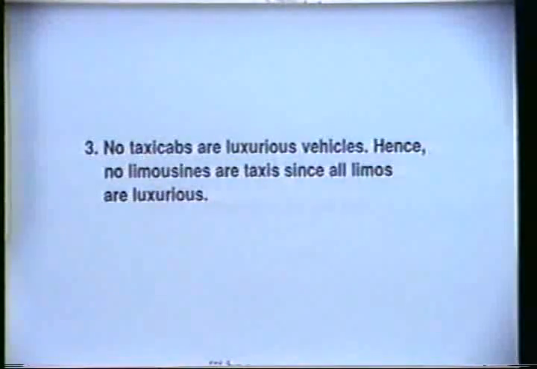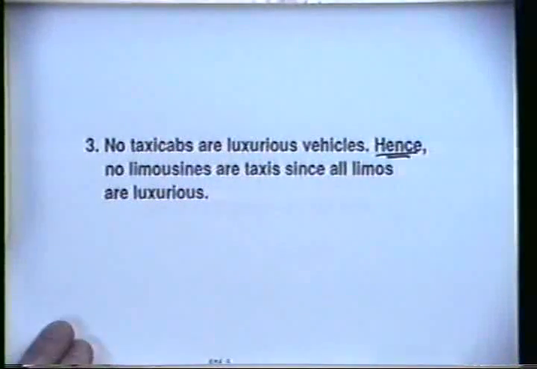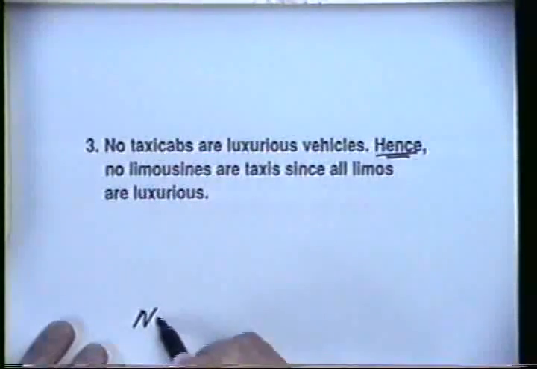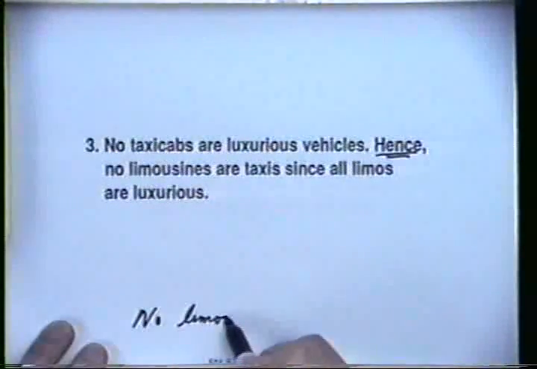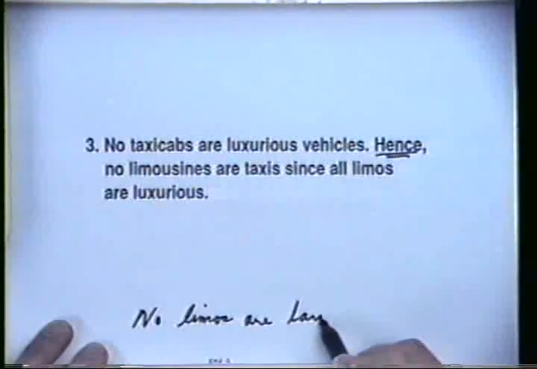All right, number 3. No taxicabs are luxurious vehicles, hence no limousines are taxis, since all limos are luxurious. Here we've got hence, the conclusion indicator, so we know no limousines are taxis is our conclusion. I'll just say limos here. No limos are taxis.